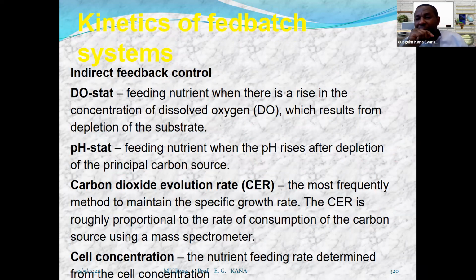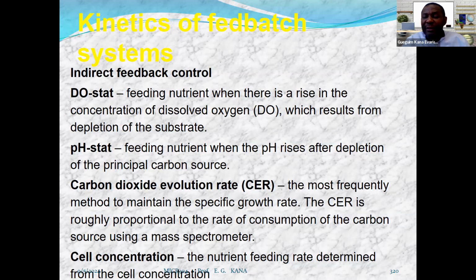That is, based on the amount of dissolved oxygen in the reactor, the feeding pump will know how much nutrient should be fed. You also have pH stat, in which, based on the change in the pH in the reactor, your feeding pump will know when or how much nutrient to inject.